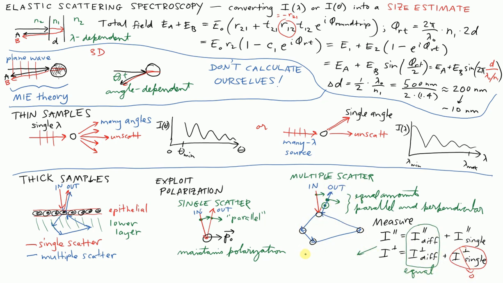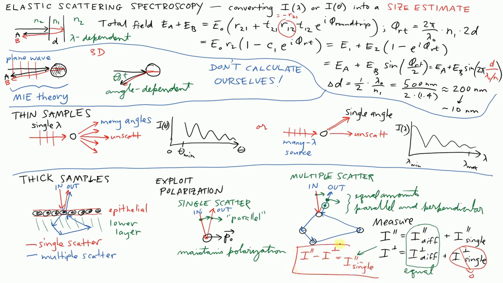And the takeaway from that is that if I measure I parallel and I subtract off I perpendicular, these two terms will cancel. This term is 0, and that just equals I perpendicular single.